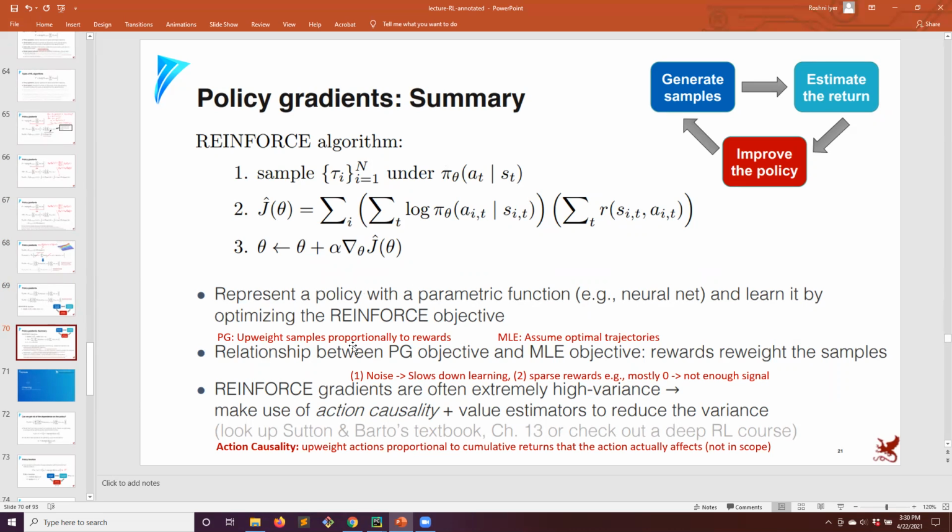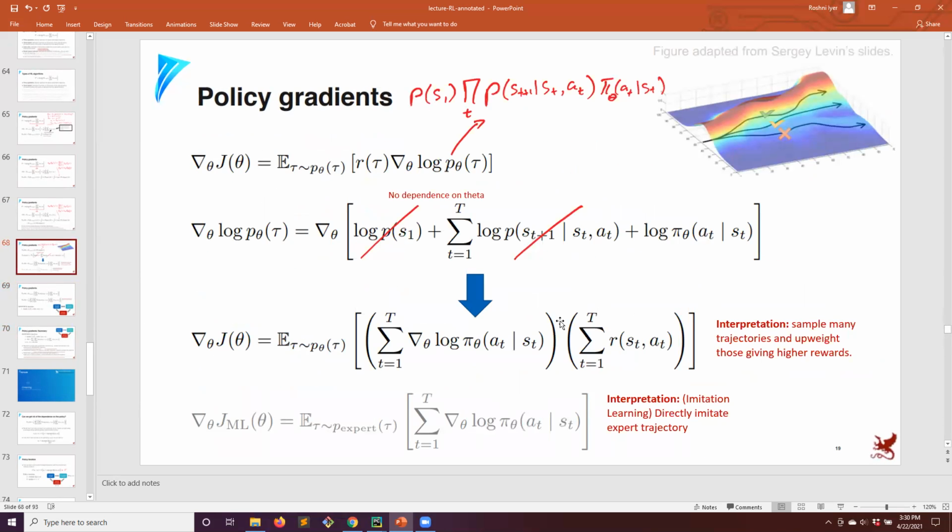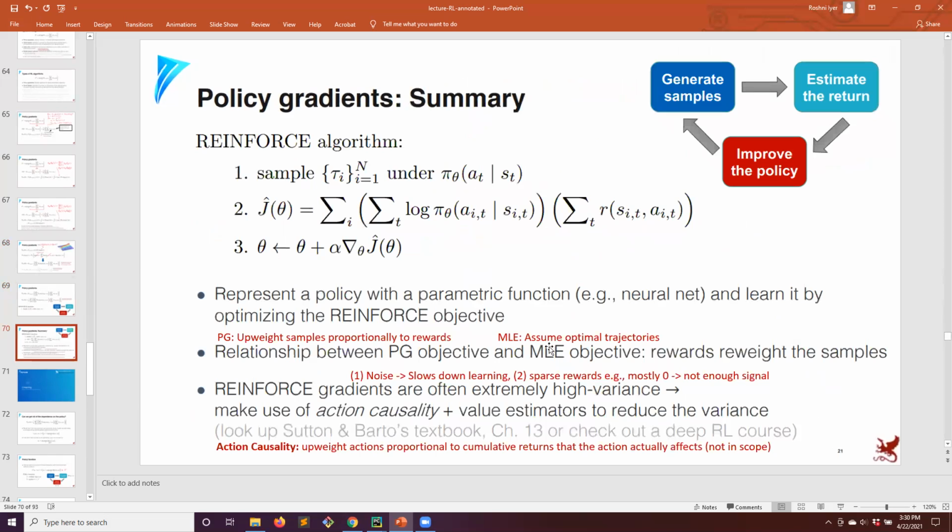Now I mentioned this earlier, but there's actually an interesting relationship between this probabilistic graphical model objective versus this MLE objective with the rewards here. So remember, we did a comparison of these two things, and we have this additional reward term. So we're kind of upweighting trajectories here, but in this case, we're kind of just imitating this expert. So that's the idea here.